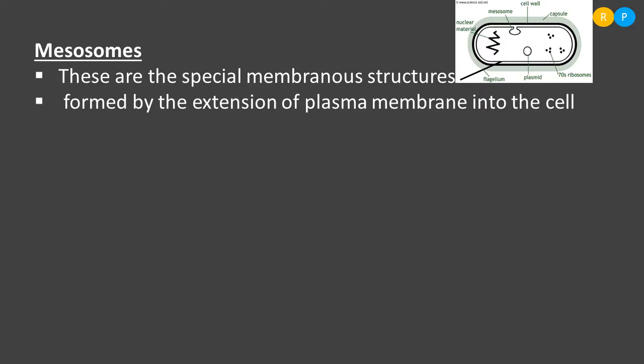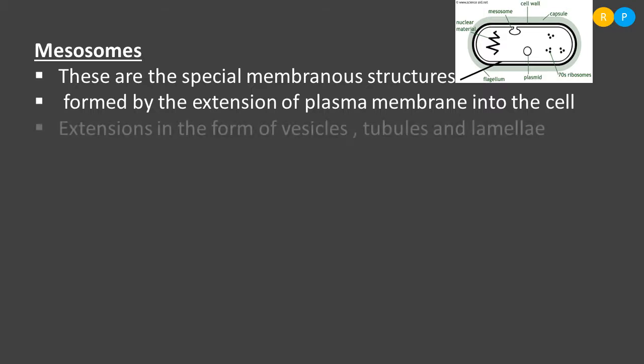They are formed by the extension of the plasma membrane into the cell. If you observe, the mesosomes are present towards the cytoplasmic region. They are not located towards the cell wall region, right? The plasma membrane extends towards the cytoplasmic region and forms a structure known as mesosomes.